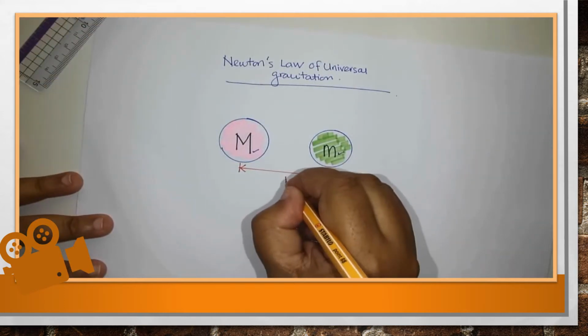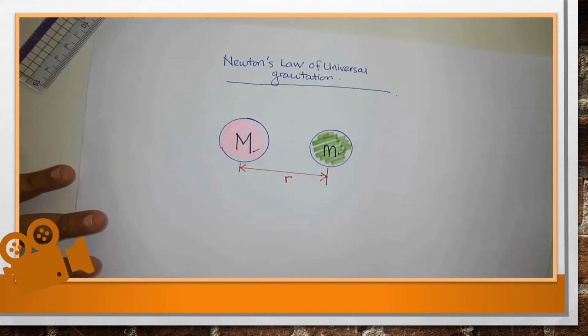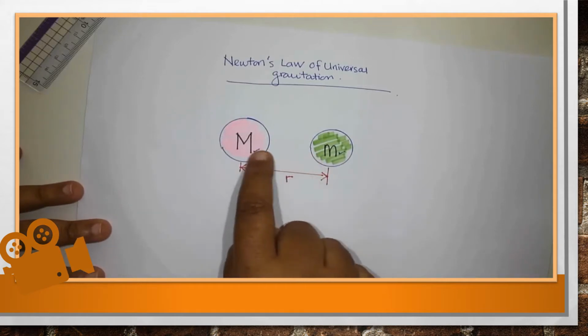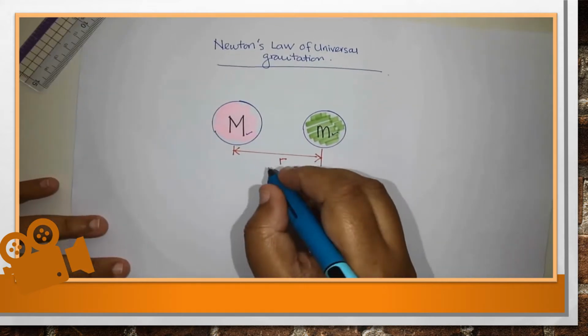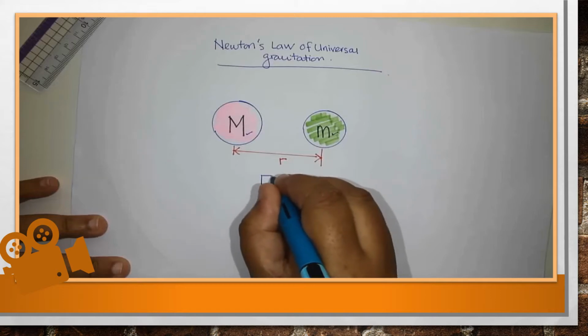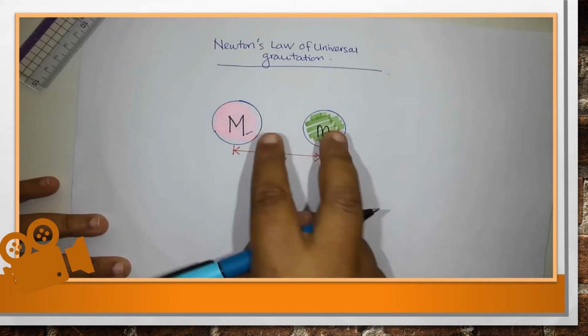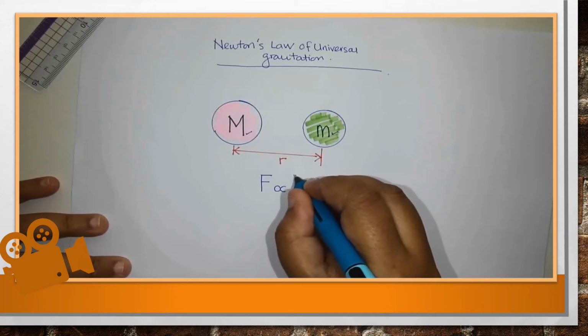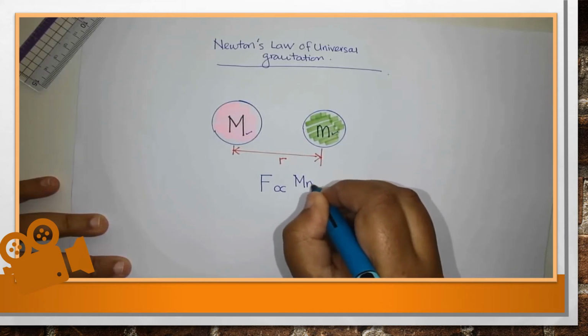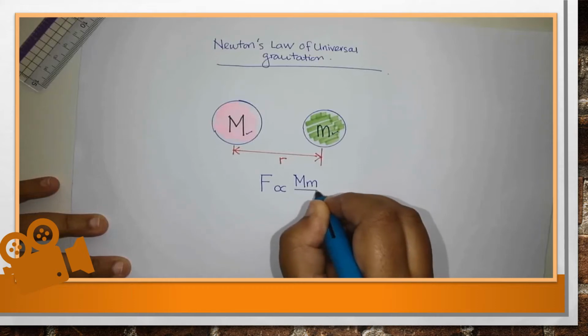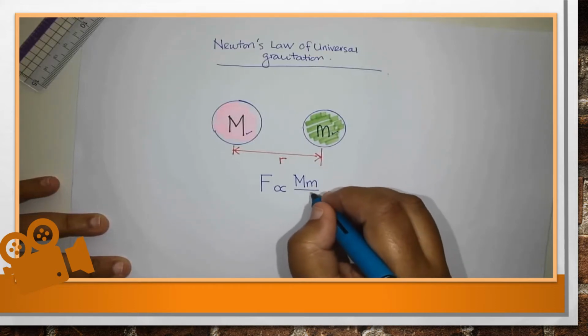There is a force that exists between them, which is the force of attraction, F, and it is directly proportional to the product of the masses, capital M times small m, divided by r squared.